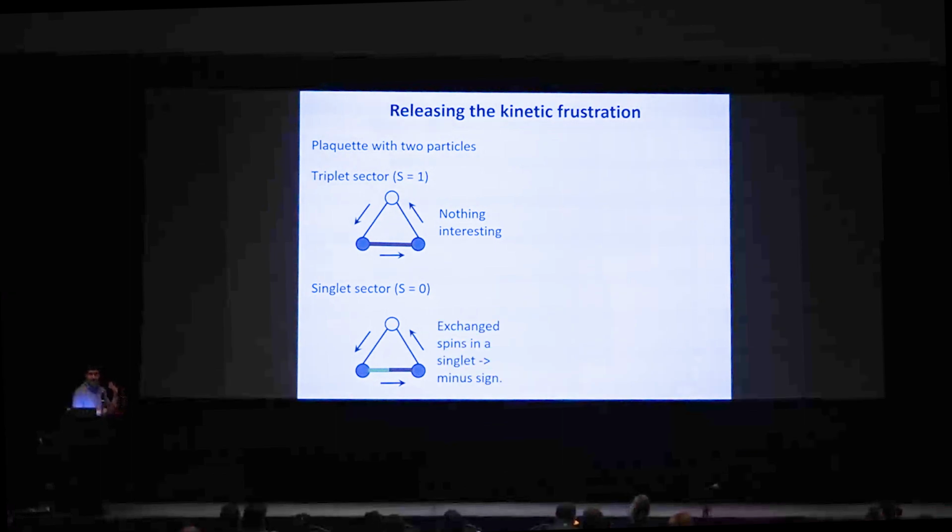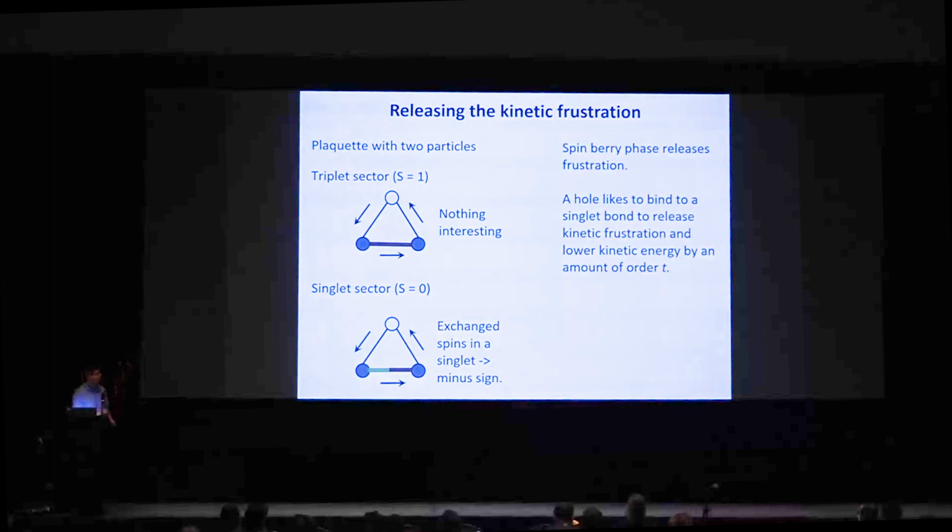So this minus sign is exactly what's needed to cure the frustration that we had before. So we have a spin-Berry phase, which releases the frustration. And so what we've learned is that we create this polaron in the many-body system, where we basically have a hole that likes to bind to anti-ferromagnetically aligned spins, so anti-aligned spins.